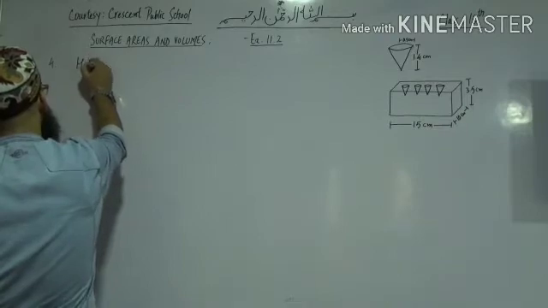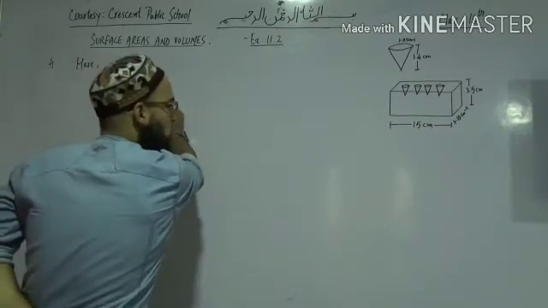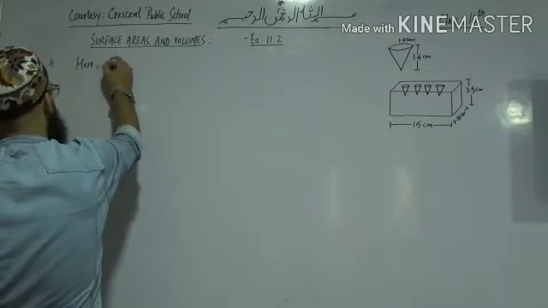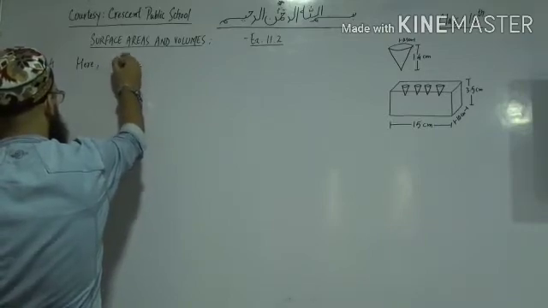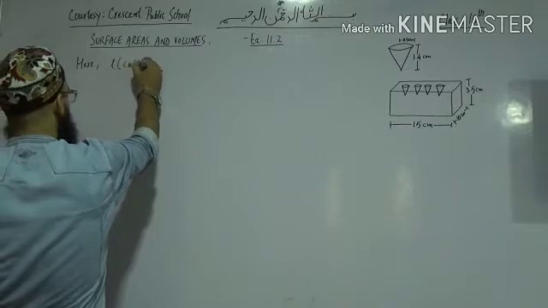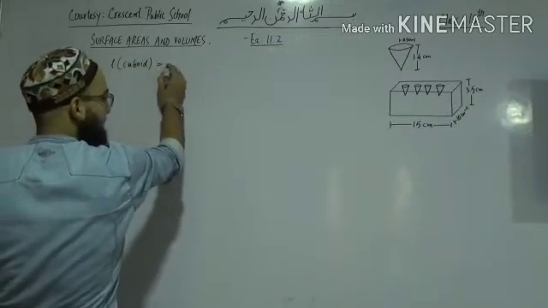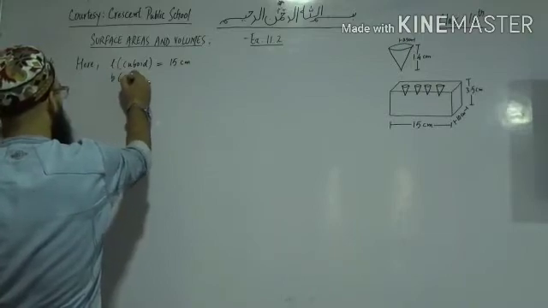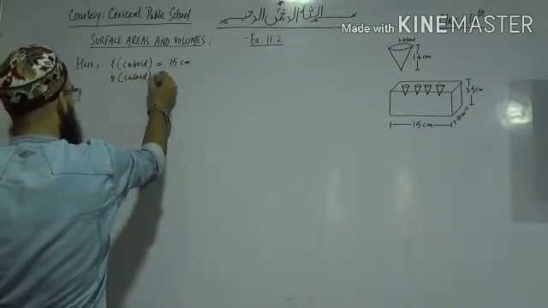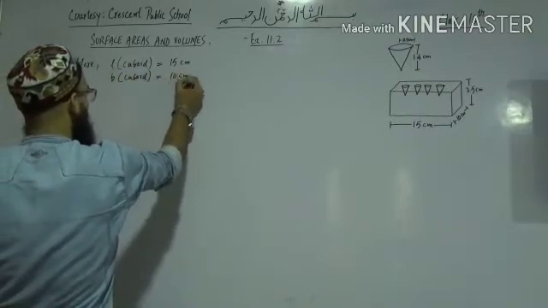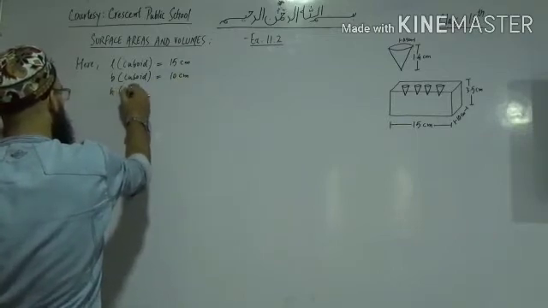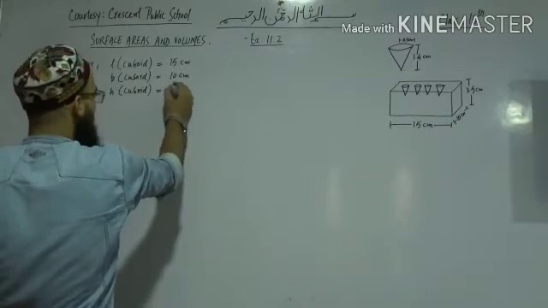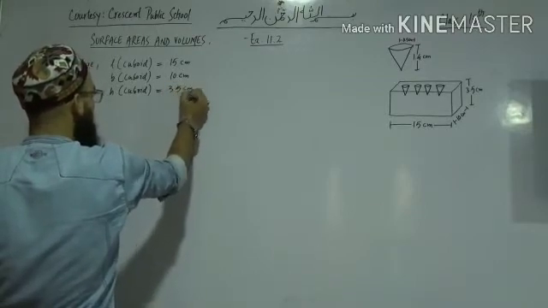Here the length of the cuboid is equal to 15 centimeter, the breadth of the cuboid is 10 centimeter, and the height of the cuboid is 3.5 centimeter.